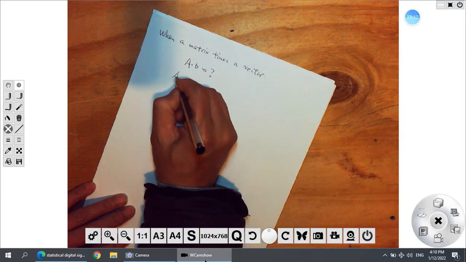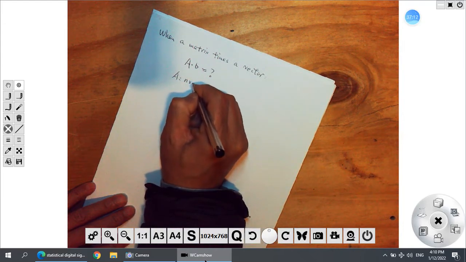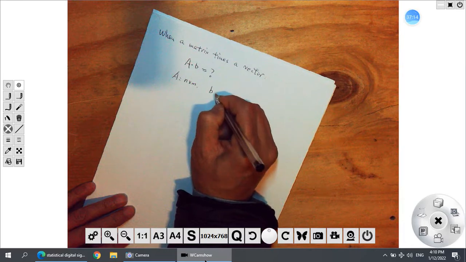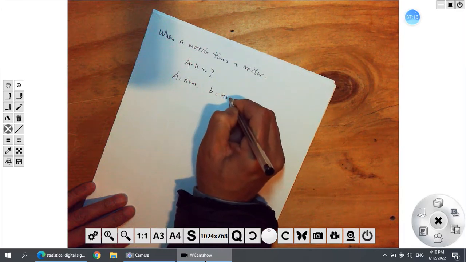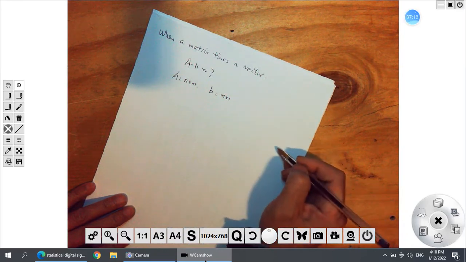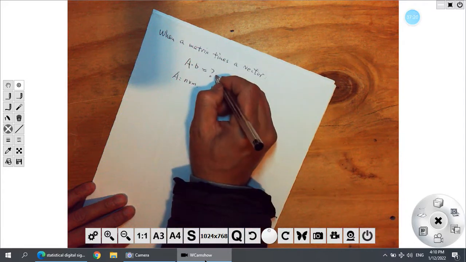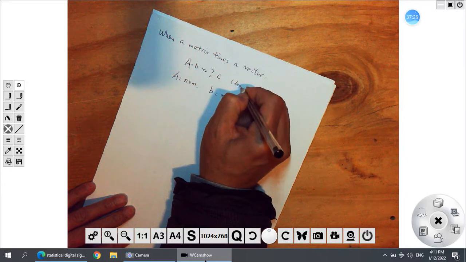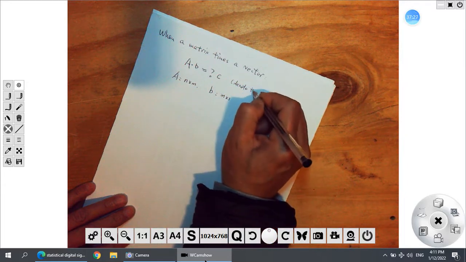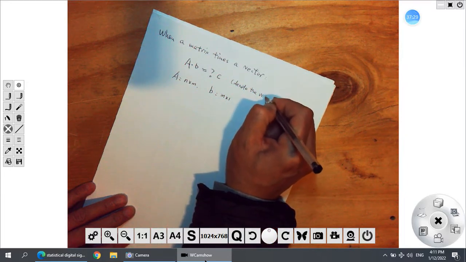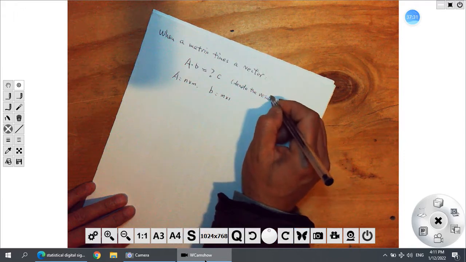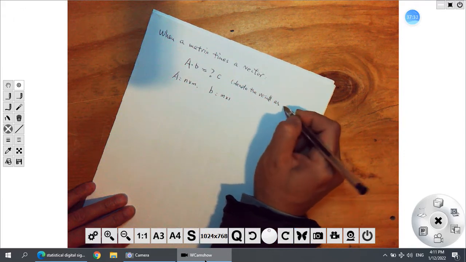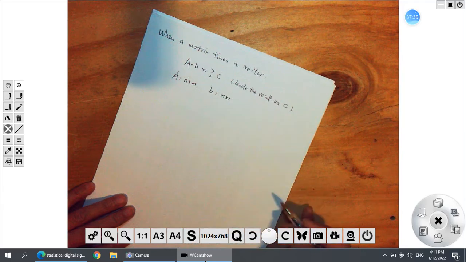A has size n by m, and B has size m by 1. The result I denote as C.